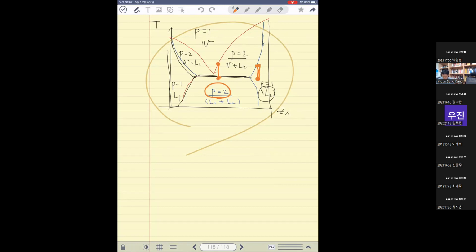One phase is going to be L2, the other phase is going to be L1. And the relative amount between L1 and L2 is going to be determined by the lever rule, right?